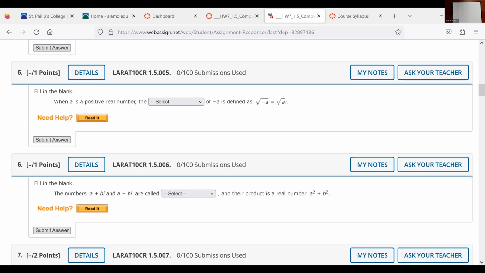So now we're moving on to complex numbers. So basically, in a nutshell, if you square root a negative number, you see this negative a, an i comes out. i is the imaginary piece, which makes it a complex number.